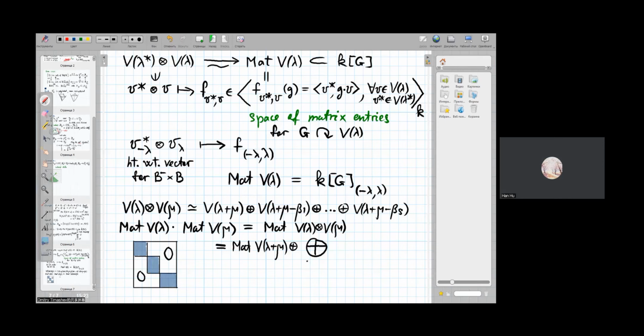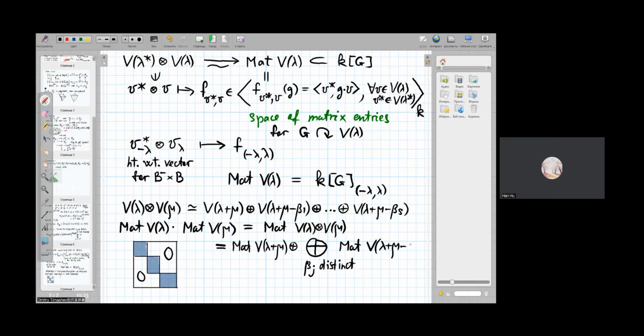So the sum over pairwise distinct beta j's of these spaces of matrix entries in the representation. The distinctiveness comes from the multiplicity free.